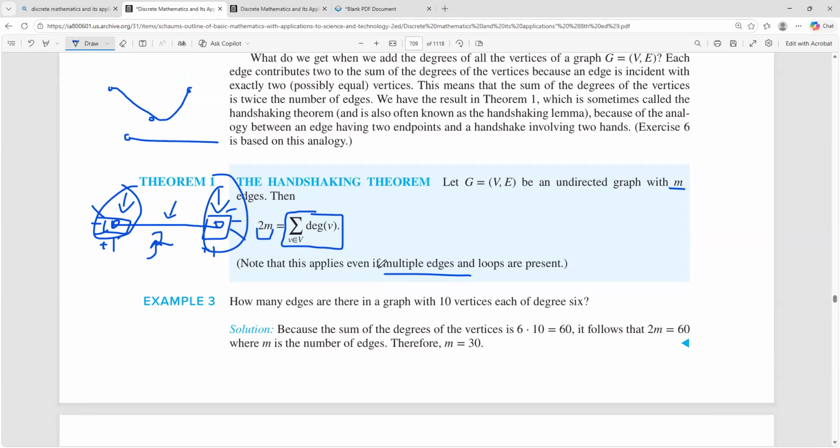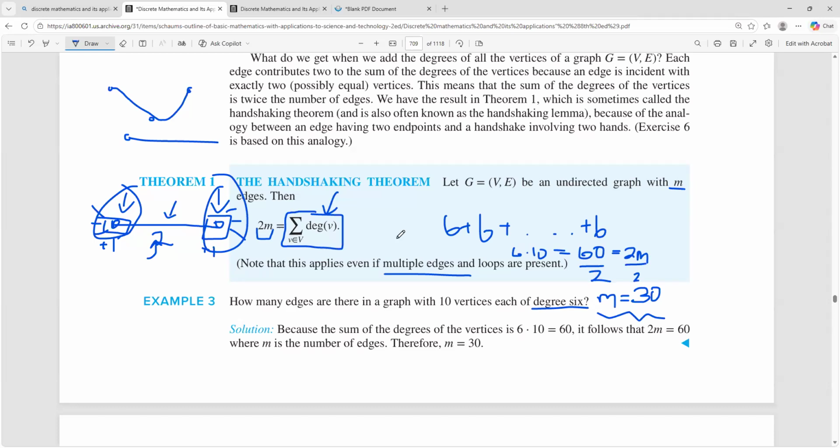If I add up all the degrees, this is 6 plus dot dot dot plus 6, 10 times, which is 6 times 10, that's 60. And we know that is equal to 2 times the number of edges. Divide both sides by 2, and I get that there are 30 edges.